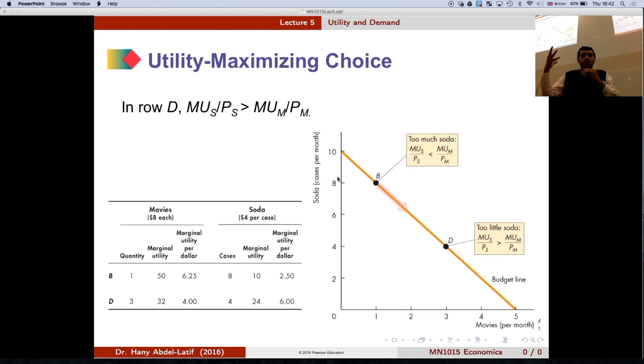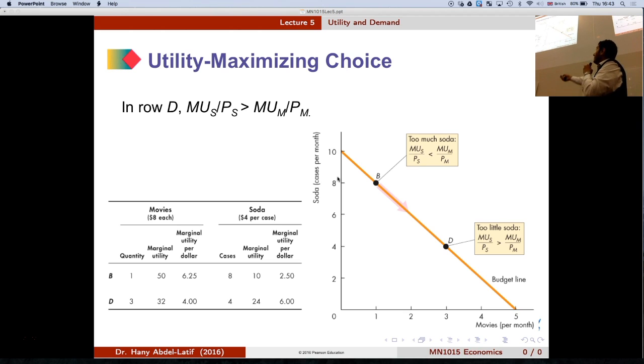So she has 3 units of movies and 4 units of soda, and the marginal utility is 32 for movies and 24 for soda. But we don't look at the marginal utility, we look at the marginal utility per dollar. So this means you divide the marginal utility by the price.